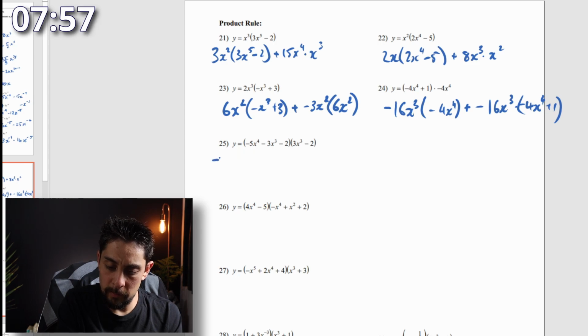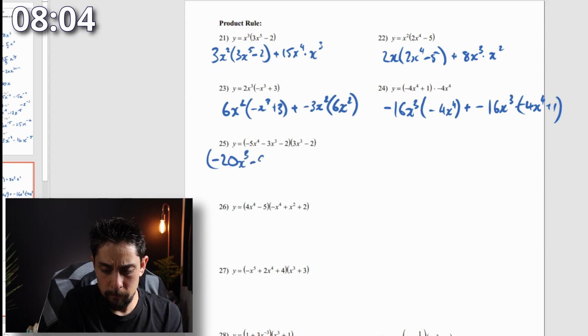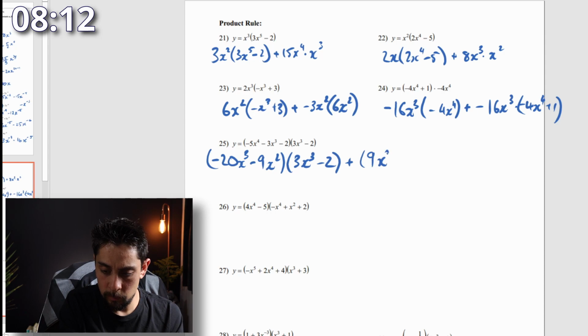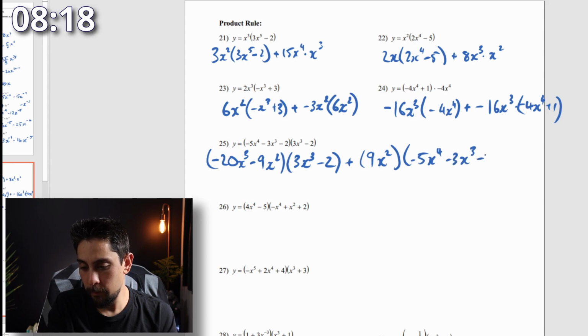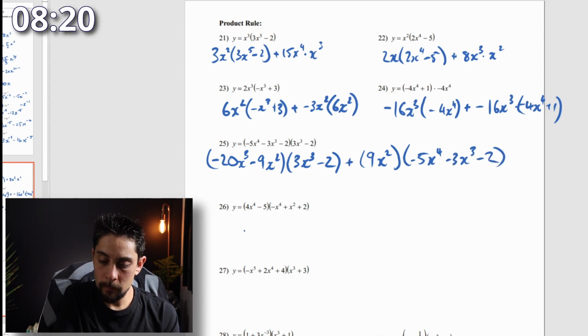Okay, next we have negative 20x^3 minus 9x^2 multiplied by 3x cubed minus 2 plus, in brackets, 9x squared. We didn't actually need the brackets, but whatever. Negative 5x^4 minus 3x^3 minus 2. I think I got all the powers there.